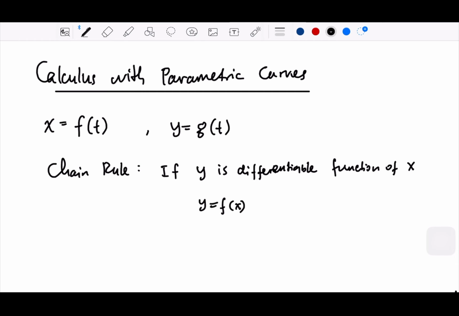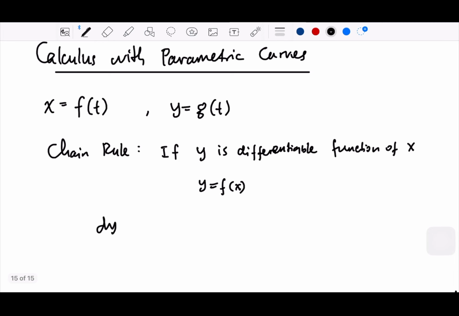Okay, if this is the case, then dy/dx we can write in terms of dy over dt. Let me start with dy over dt. Using the chain rule, we know that we can write this as dy over dx times dx over dt, as we remember from calculus 1.